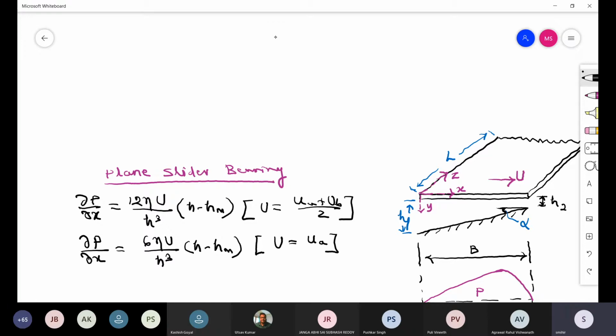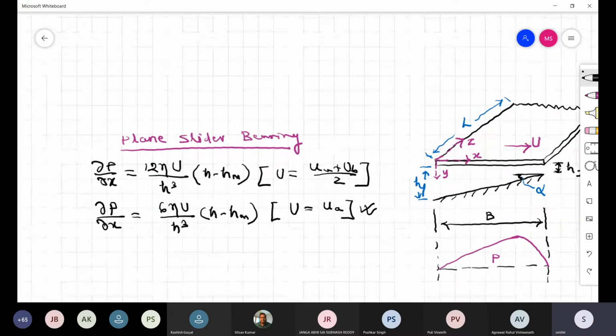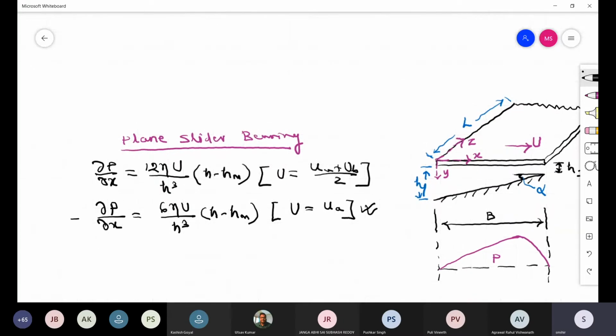Both are the same. So let us move ahead. This is our governing equation.